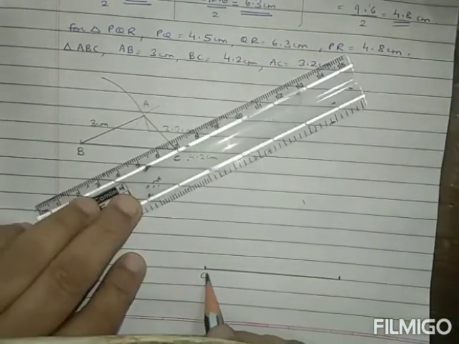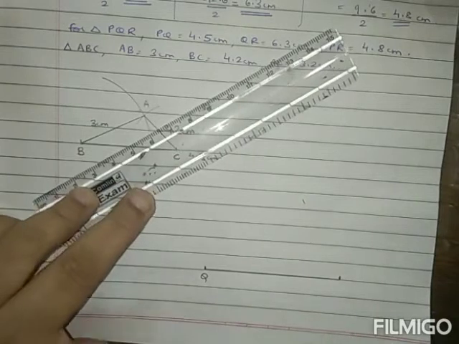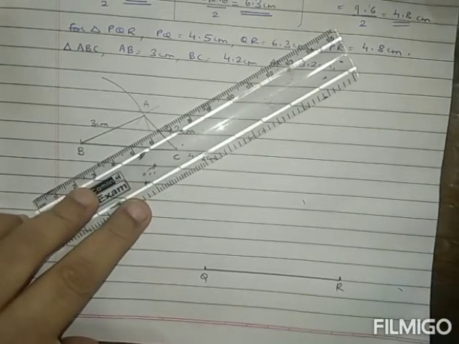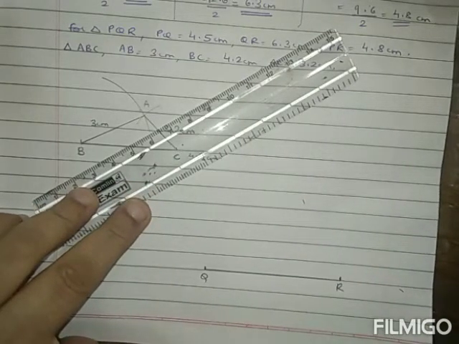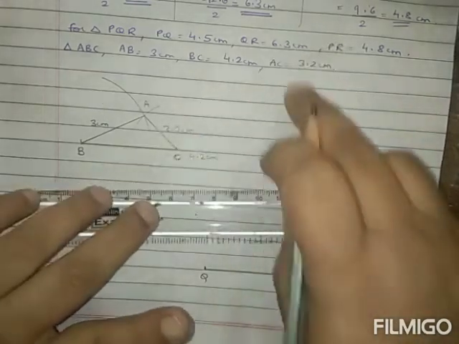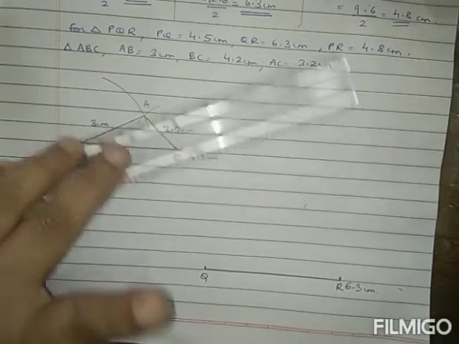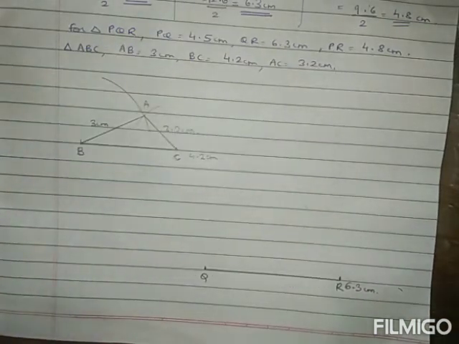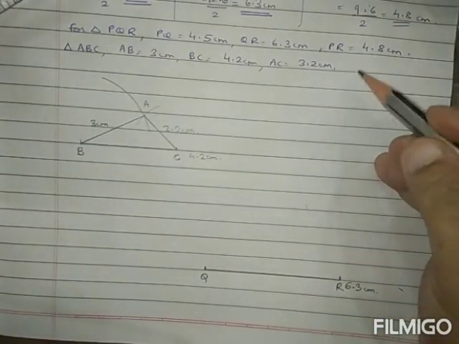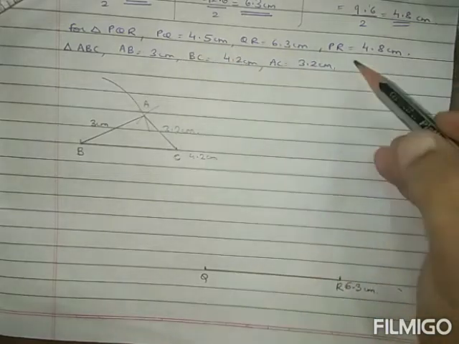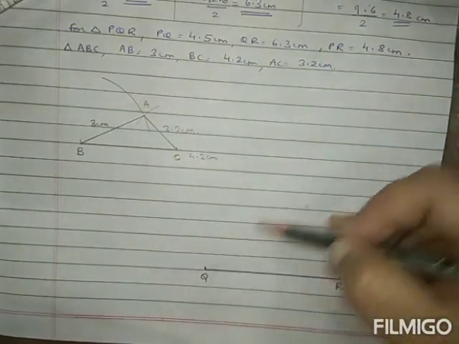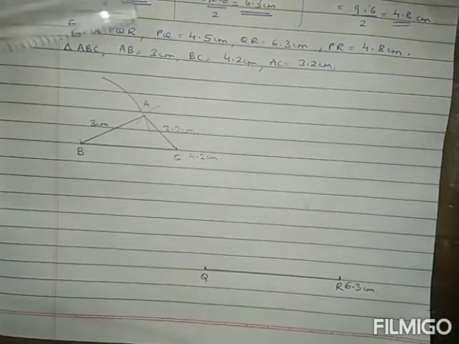QR. What is the measurement? 6.3. Okay. Now we need either PQ or PR. PQ, which will be here, is 4.5. So let me take 4.5.